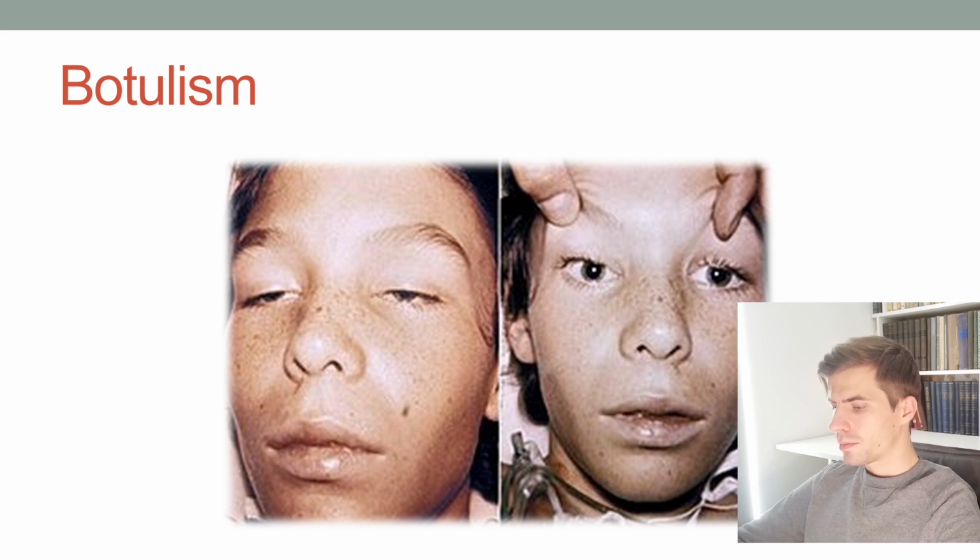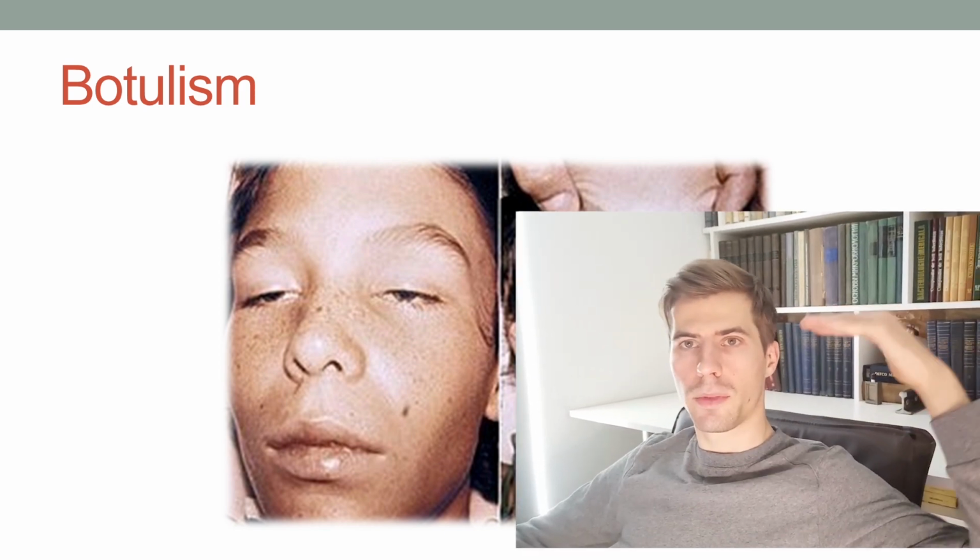Here you can see the pretty common symptoms of botulism. If tetanus is producing spasm, the contraction of muscles, botulinic toxin leads to paralysis. So it also affects the nervous system, but it can lead to paralysis, and it will start from up to down.